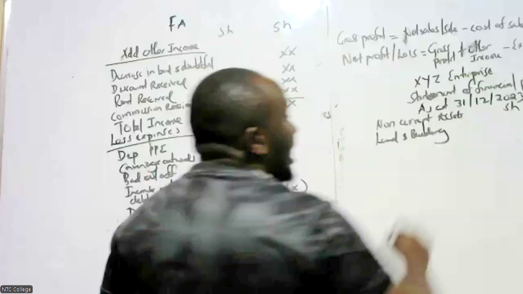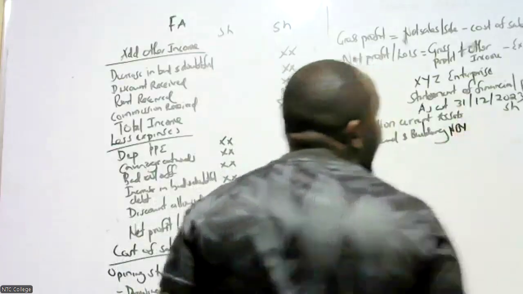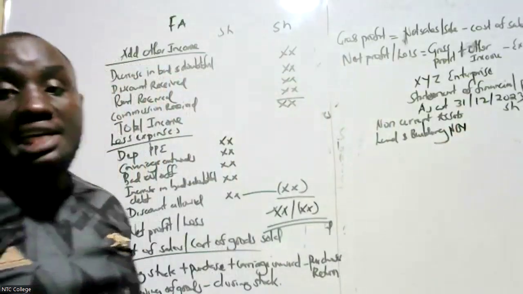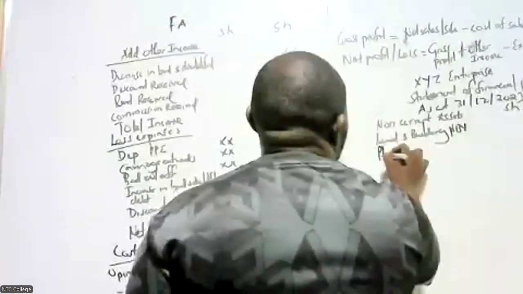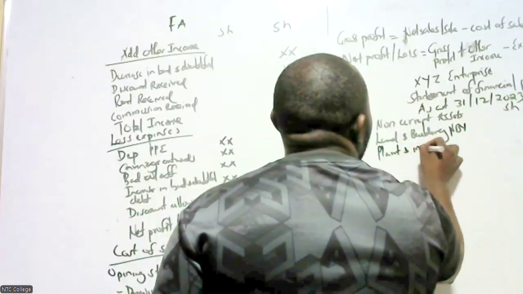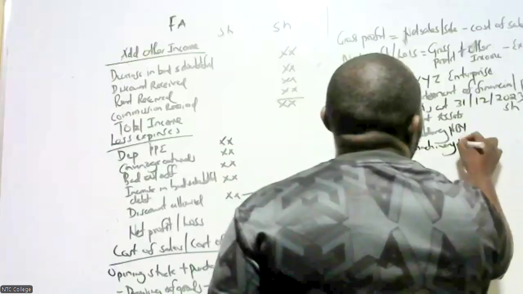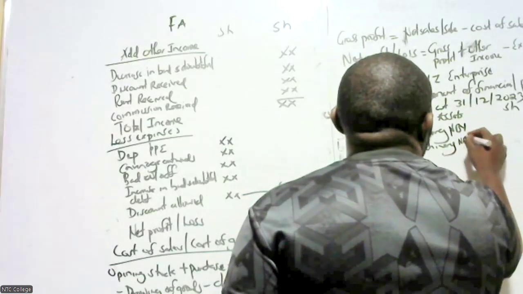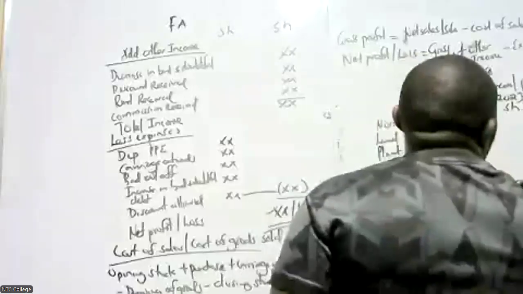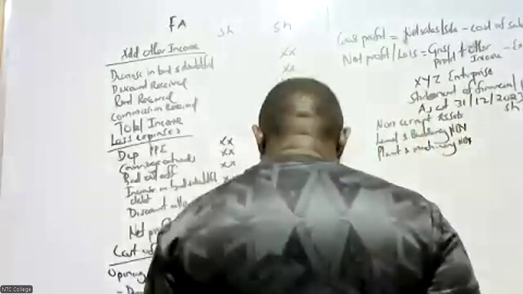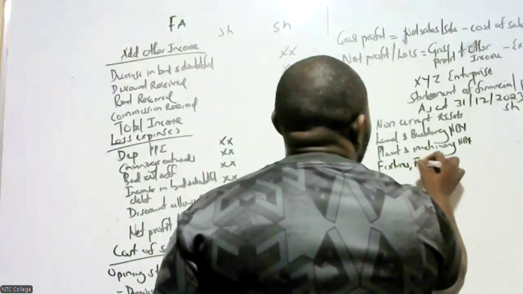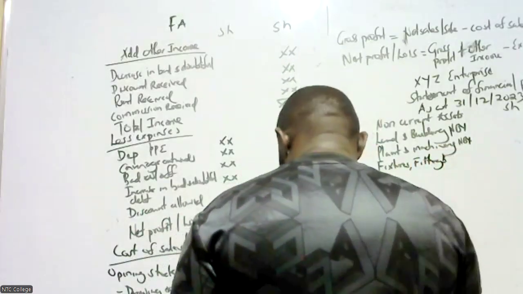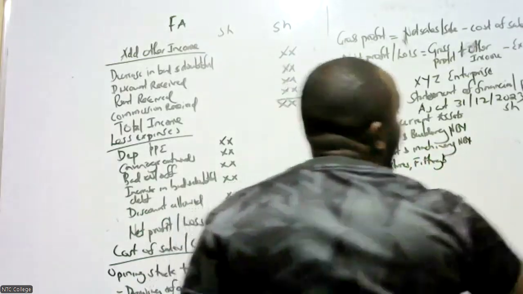And there's something I've written, net value, meaning the cost less the depreciation. So we can have them there. Now, plant and machinery, and our fixtures and fittings.